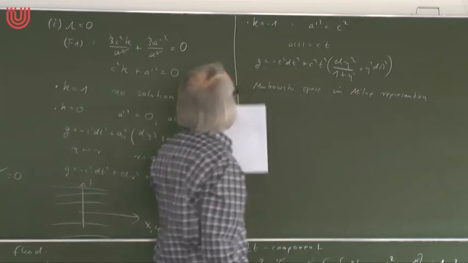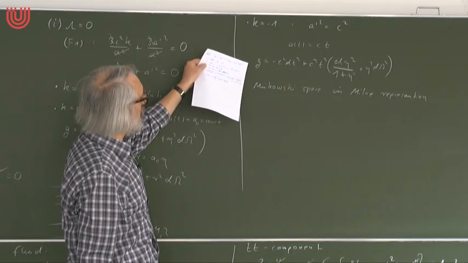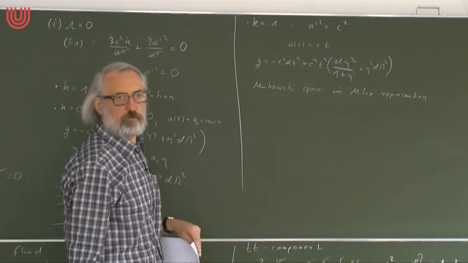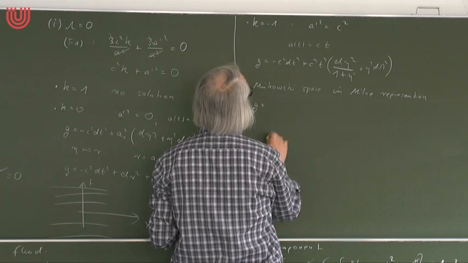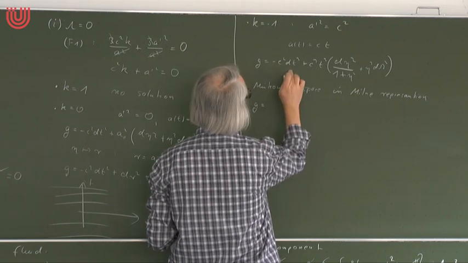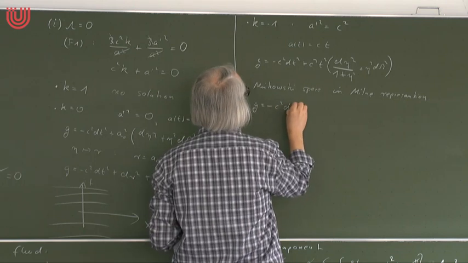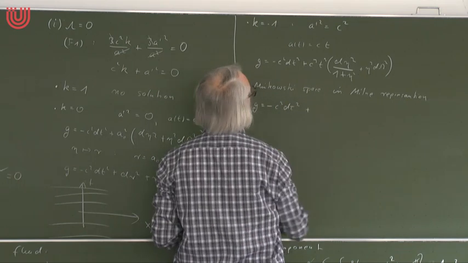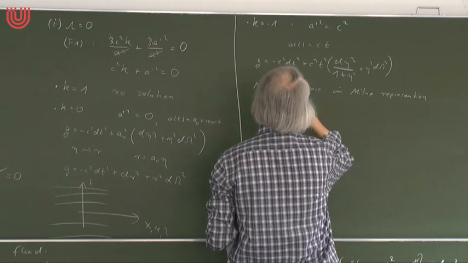So if you want to verify that this is in fact the Minkowski metric, you should find a coordinate transformation which takes it to the ordinary form of the Minkowski metric. So let's write the ordinary form of the Minkowski metric. Now I cannot call the time coordinate t because I've used the t here for something else. So let's call this tau. And then we have, what do we have?